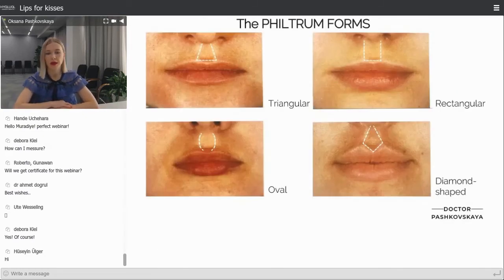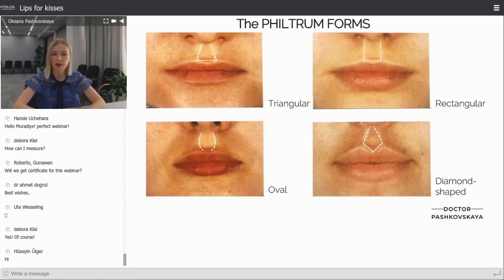And now the philtrum forms are also very important, because to be honest, maybe a few years ago I injected the philtrum columns only in vertical directions, when they are flattened, so I just put my needle in vertical position and injected the filler.